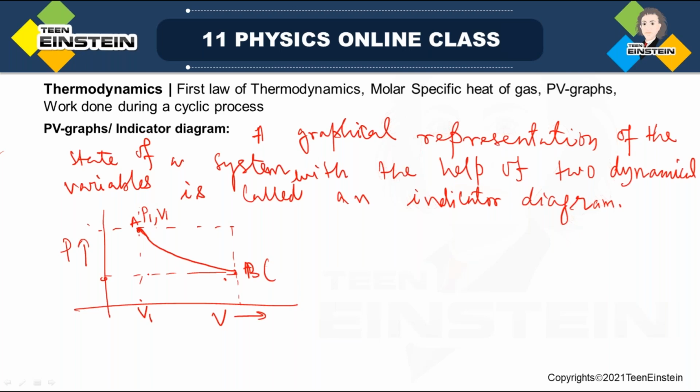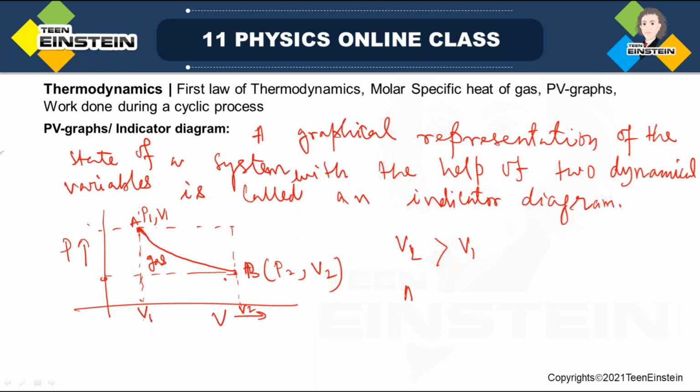So pressure is P2, and the volume is V2. In this case we can see that V2 is greater than V1. So we can say the gas is undergoing an expansion.